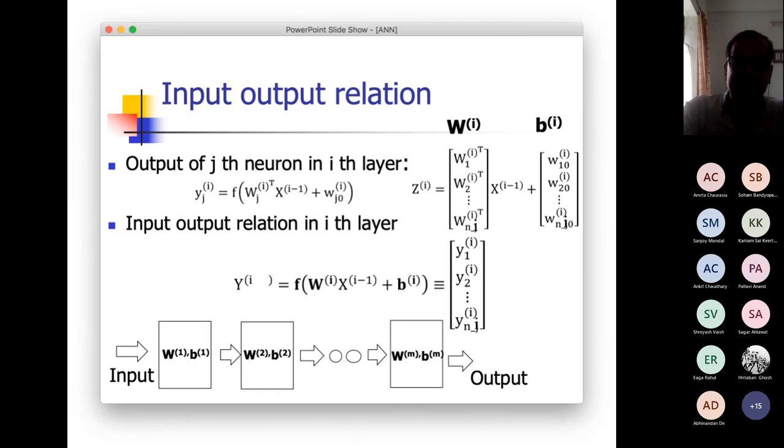And finally, a multi-layered feed-forward network, fully connected, can be modeled in this form. That means you have an input, and then these are the parameters. If I specify this, it specifies the model completely. And this is how the computation takes place.